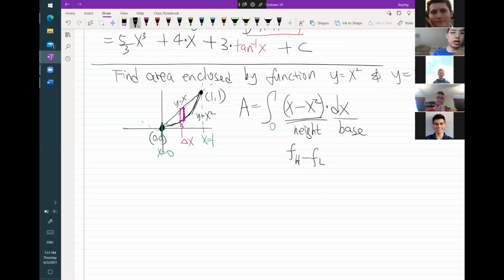Of course, that's not the only way. You can use a horizontal rectangle. If you draw the horizontal rectangle here, I'm going to use the red color. That rectangle has a thickness delta y.